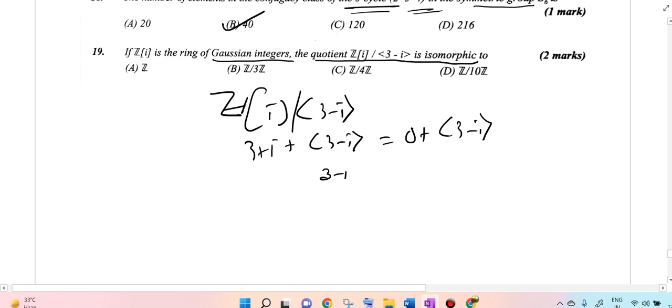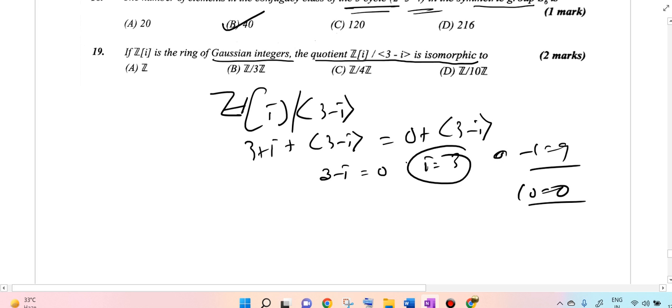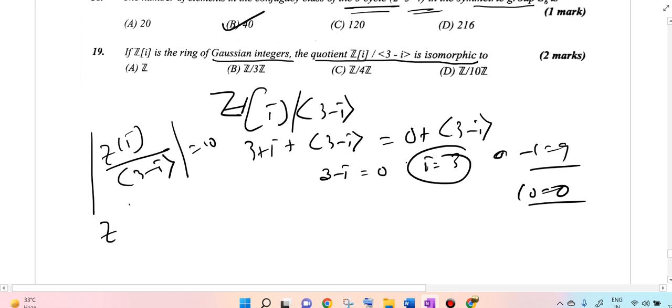So 3 minus i equal to 0, so i equal to 3. Squaring both sides, i square, so minus 1 equal to 9 is coming. So 10 equal to 0. So Z[i] modulo 3 minus i is Z by 10Z. So D is the answer.